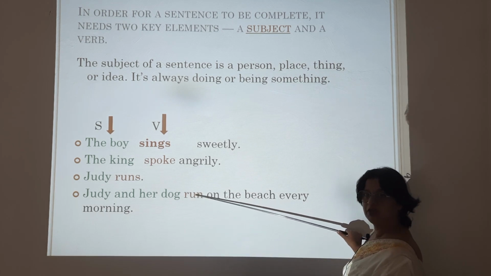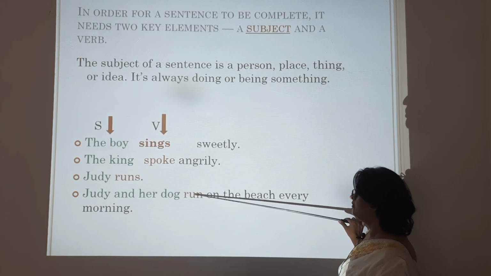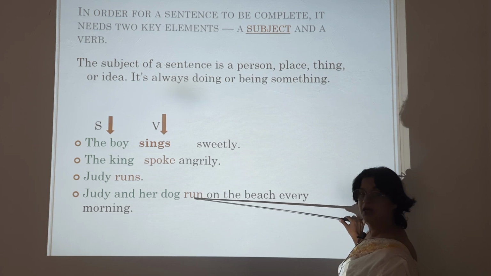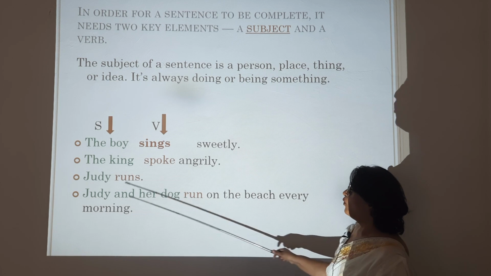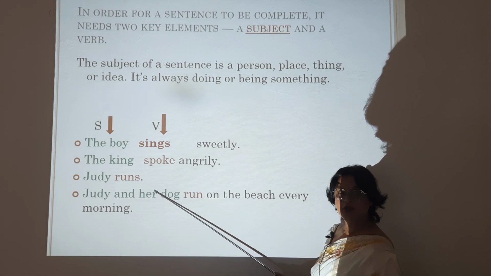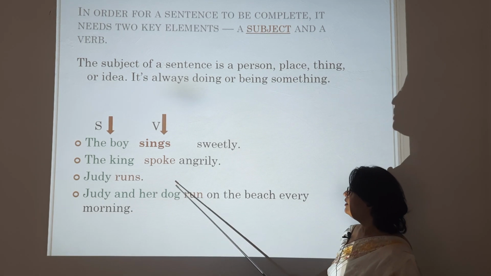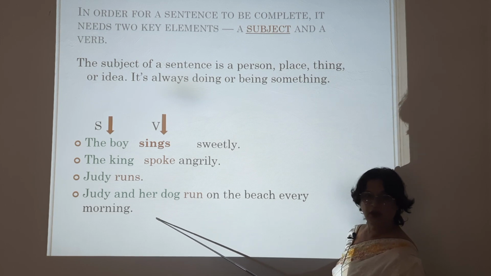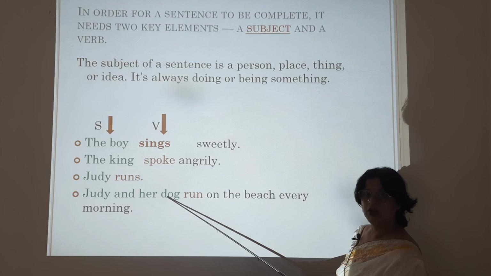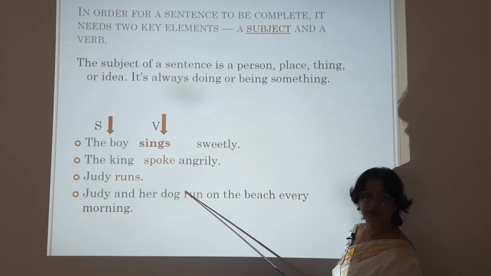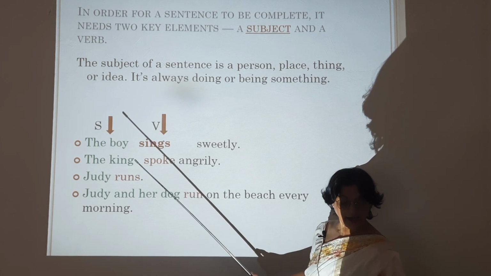Look at the verb first. The verb is run. Now who runs? There are two who run. One is Judy and the other is her dog. So when you consider the subject here, it is Judy and it is also her dog that run. So the subject here will be Judy and her dog.